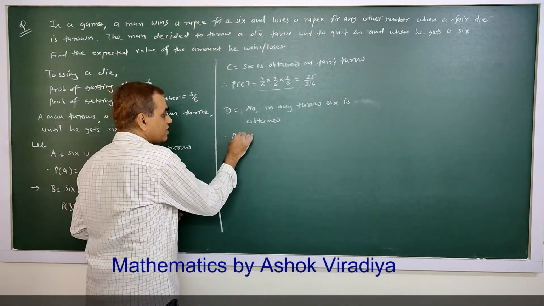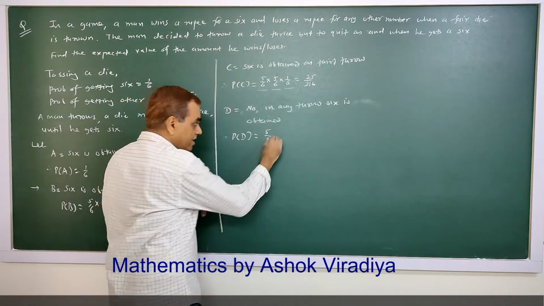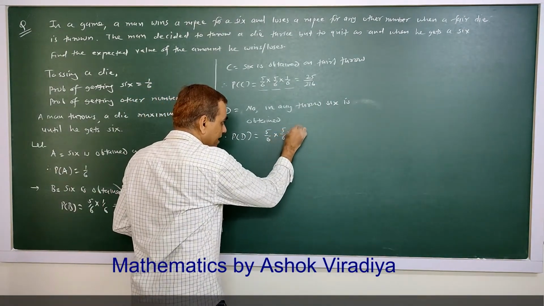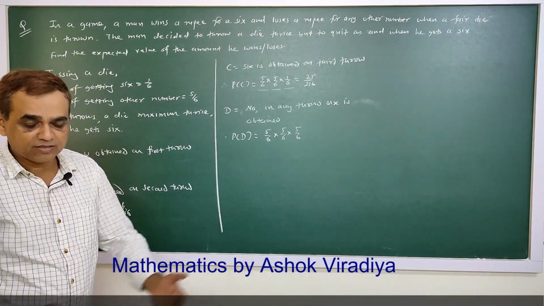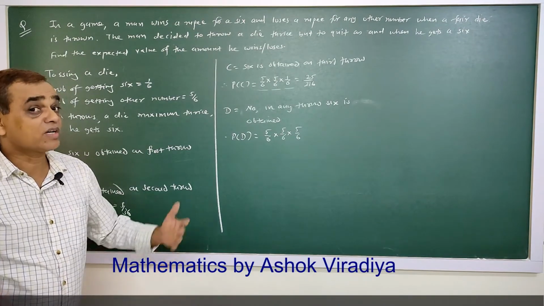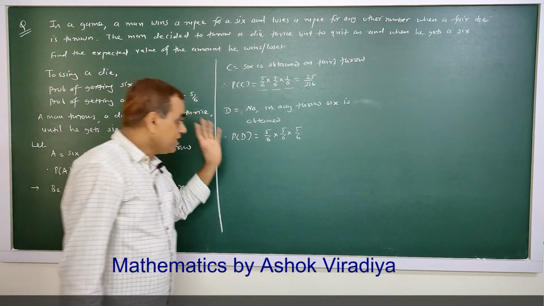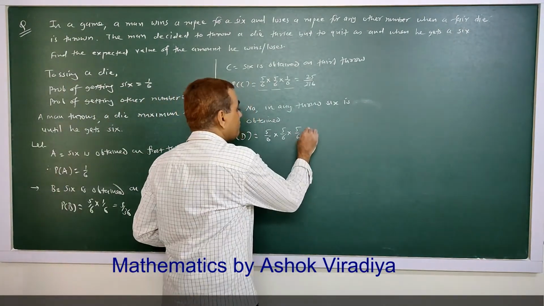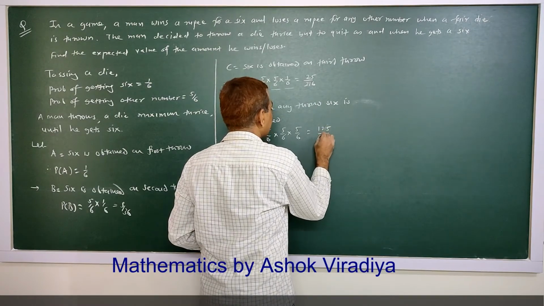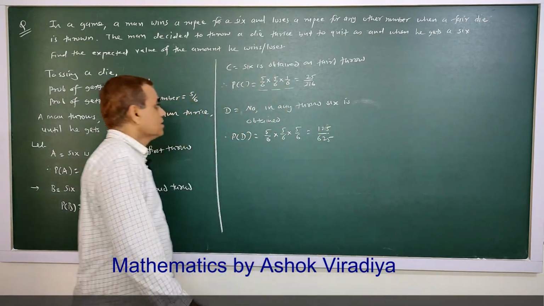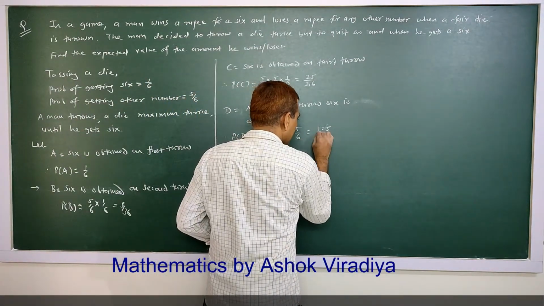So probability of this event is first time other number is obtained, second time other number is obtained, and third time also other number is obtained. No time 6 is obtained. And he is not allowed to throw fourth time, maximum 3 times. So these are the possibilities of throwing a die 3 times. Sorry, this is 216.